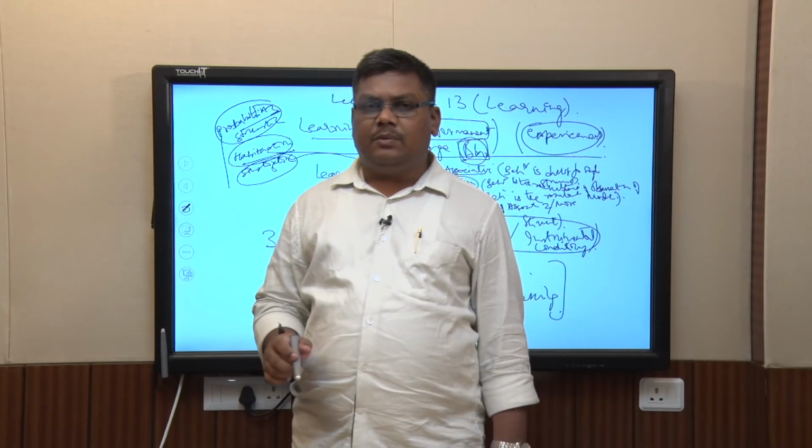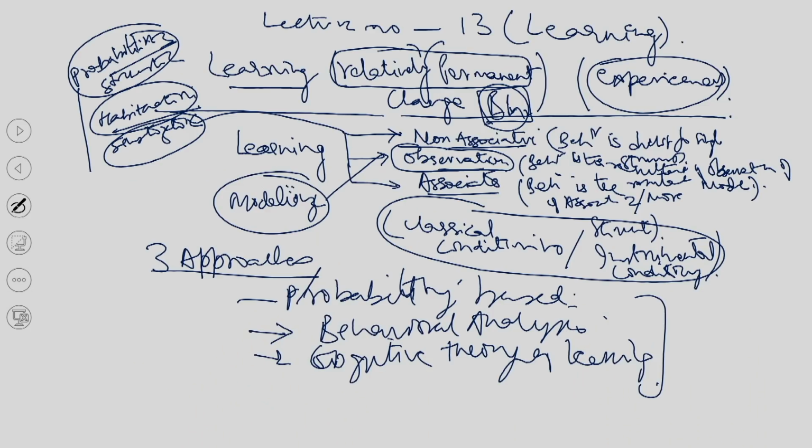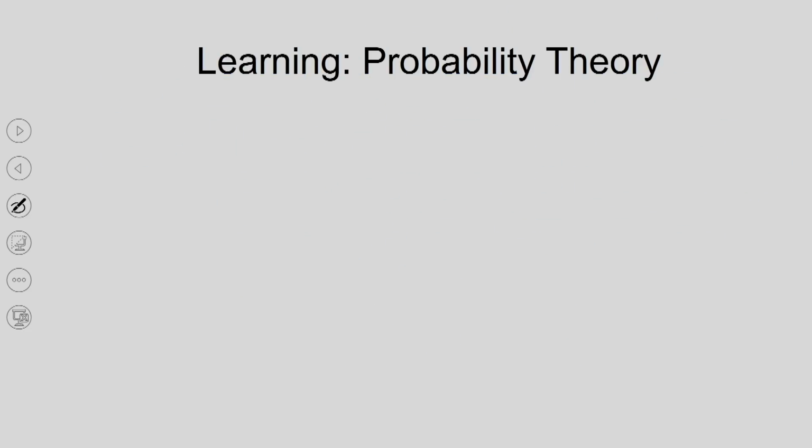So, three different kinds of approaches we are going to use: a probabilistic method, which covers the non-associative and associative forms, plus a modeling form of learning. So, let us then start our class. The first form of learning that we are going to look at is probability theory.